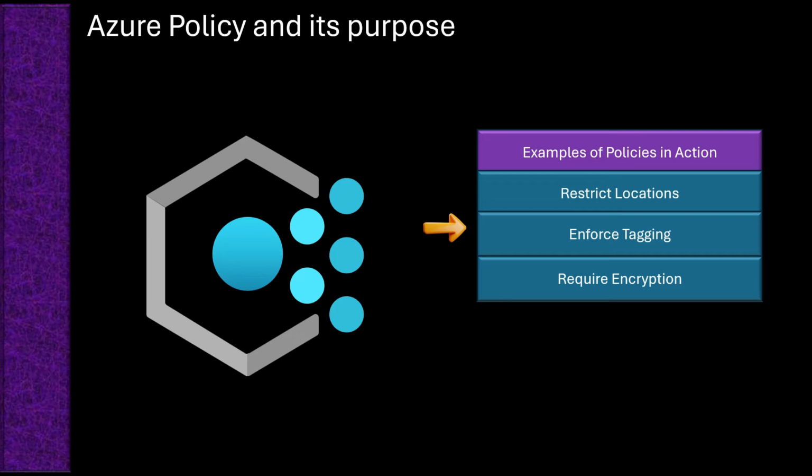For enforcing tagging, there is a policy called all resources must have cost center tag. And by using that policy, you can simplify cost tracking and chargeback. For requiring encryption, there is a policy called all storage accounts must have encryption enabled. And by using that policy, you can enhance security and meet compliance standards.